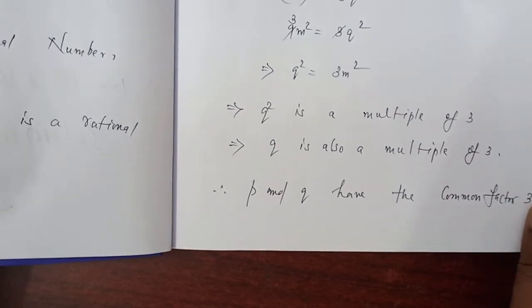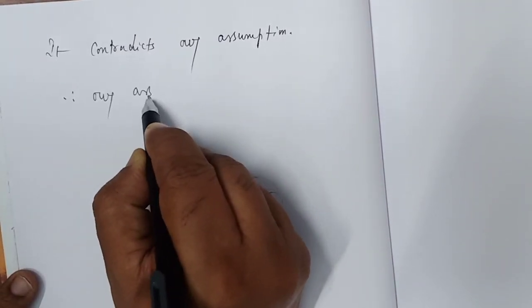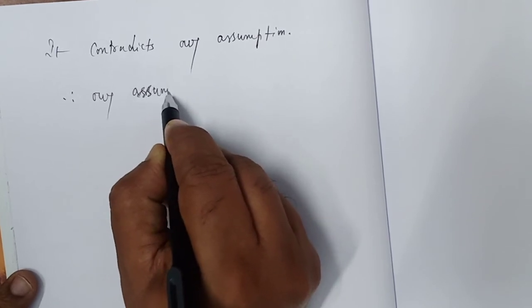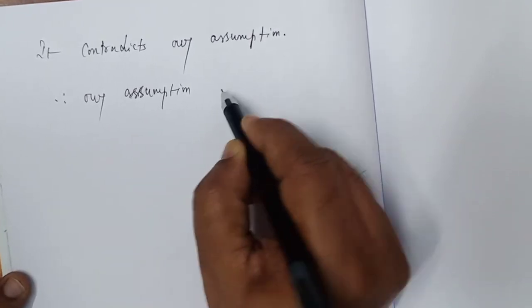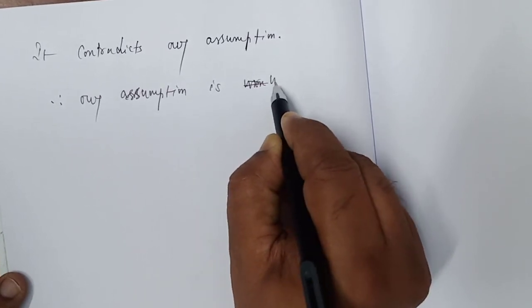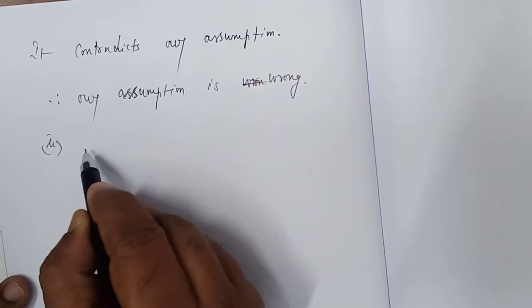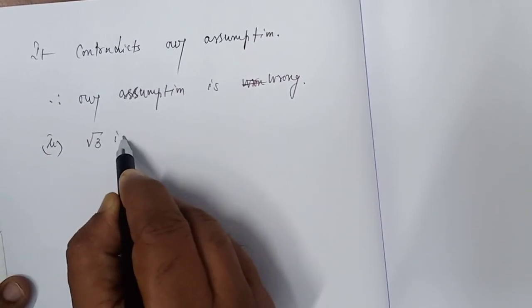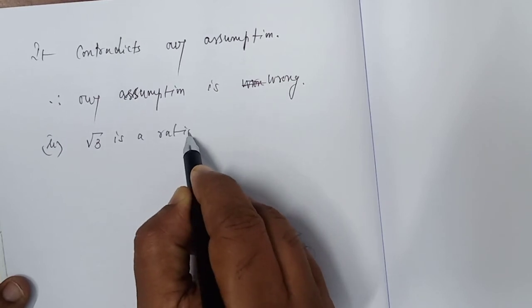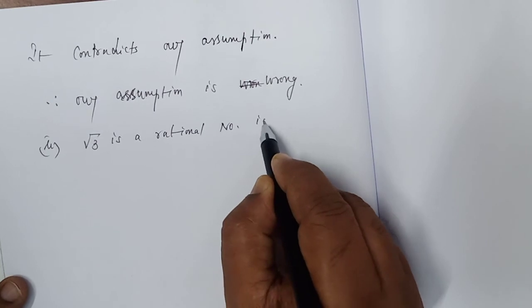Therefore our assumption is wrong. That is, our assumption that root 3 is a rational number is wrong.